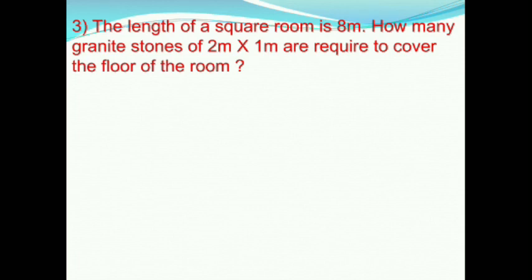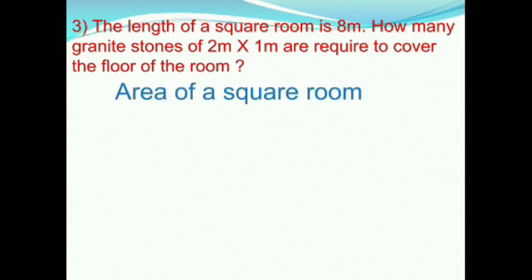The third question is, the length of a square room is 8 meter. How many granite stones of 2 meter multiplied by 1 meter are required to cover the floor of the room? Children, here first we should find out the area of this square room. To find out the area of square, which formula we can use?